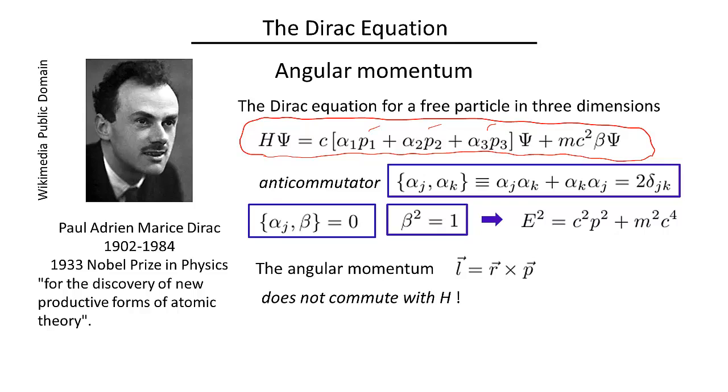And when you require that this relativistic dispersion relation be satisfied, you find that there's a class of anti-commutation relations. So the alphas have to anti-commute among themselves in the way indicated here. The alphas have to anti-commute with beta, and then beta squared is equal to 1.